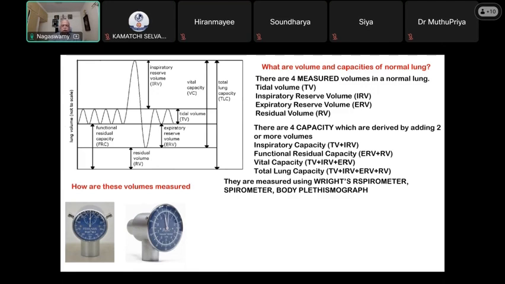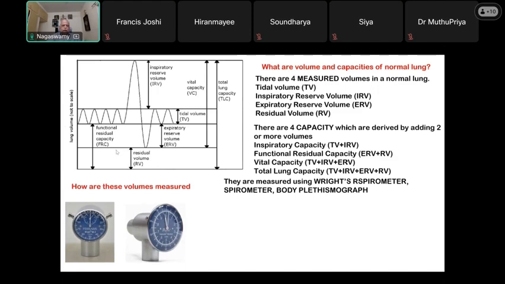Is there any other role for that? Now, this residual volume added with the expiratory reserve volume, what does this do? These two together, the RV and ERV together, we call it FRC.